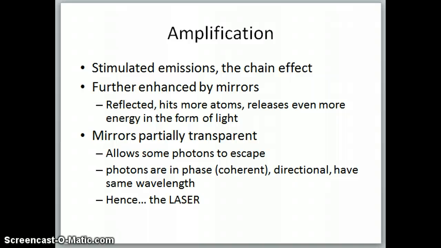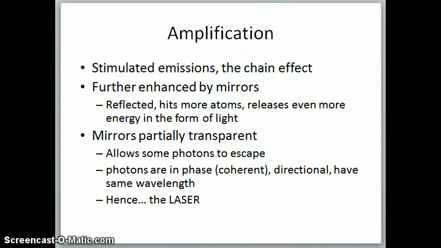And the amplification is then further enhanced by mirrors. Even though the chain effect is going off, putting in mirrors will enhance that effect because they're reflecting light back and hitting even more atoms, which releases even more energy. And like I said, the energy is in the form of light.